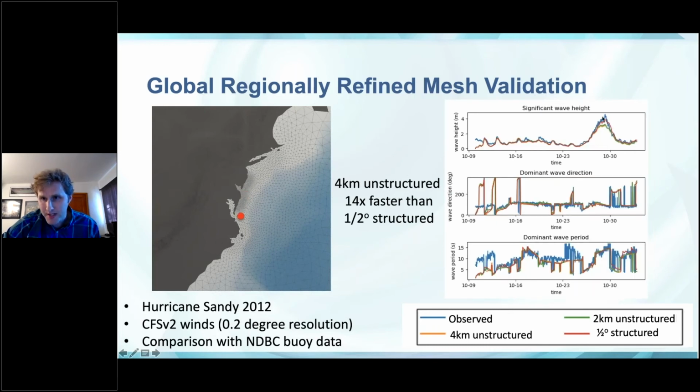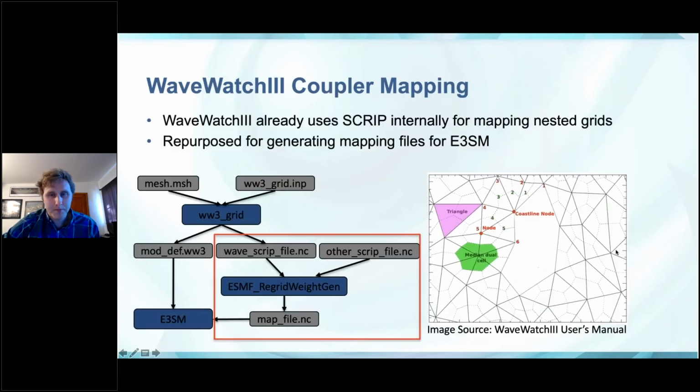Here, the structured version does a little bit better with significant wave height, probably just because the regional refinement outside of the unstructured refinement is higher in the structured version. But again, we're getting pretty good performance increases moving to this unstructured mesh.